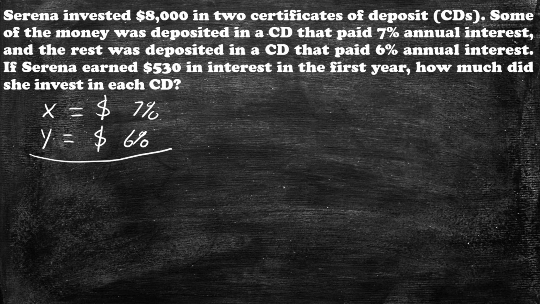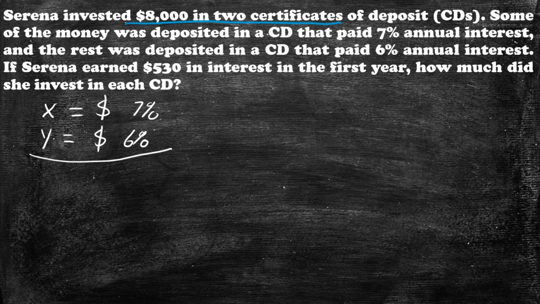All right, so we have our variables listed out here. Now what we want to do is write the equations. We want to look at the problem and get some information. The first sentence says that Serena invested $8,000 in the 2 CDs.